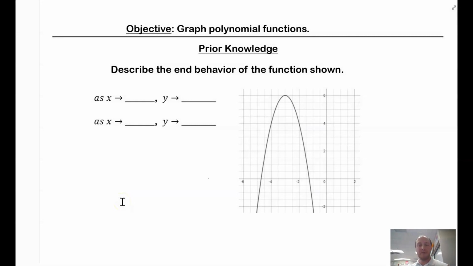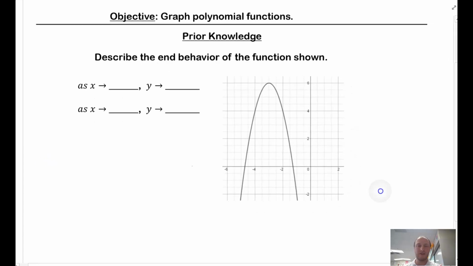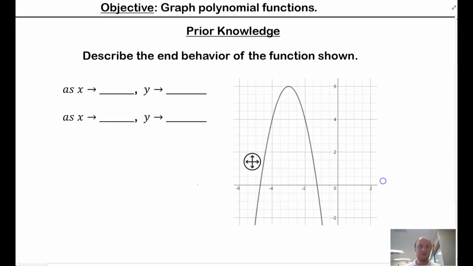on end behavior. So here we have a quadratic that is reflected, and in this example you should notice that you have an end behavior that is down here and an end behavior that is down here.